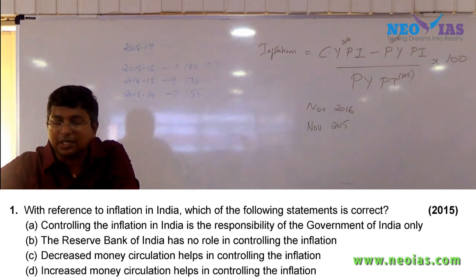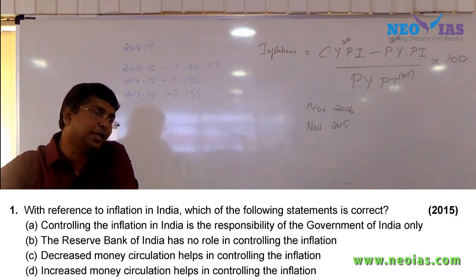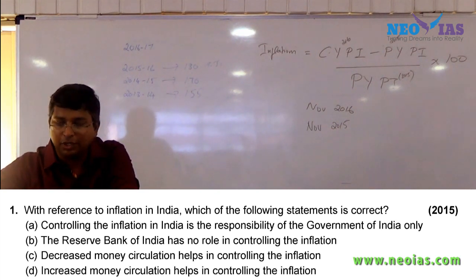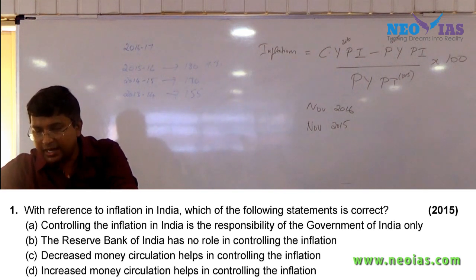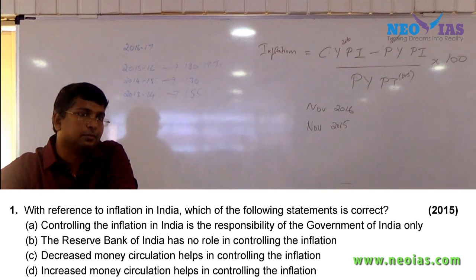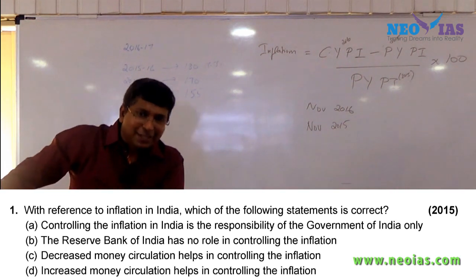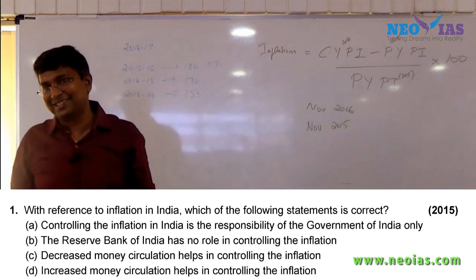Now the concept is related to money circulation and inflation. Now that you know what RBI does, tell me, does an increase or decrease in money circulation help in controlling inflation? To control inflation, what does RBI do?